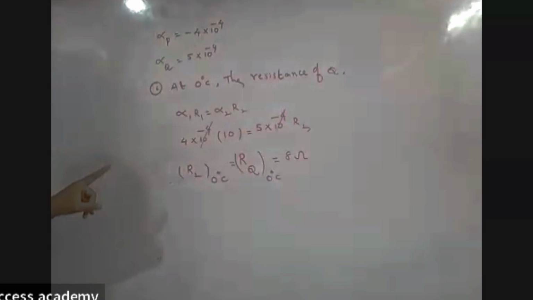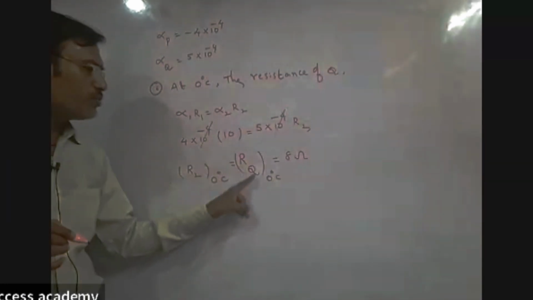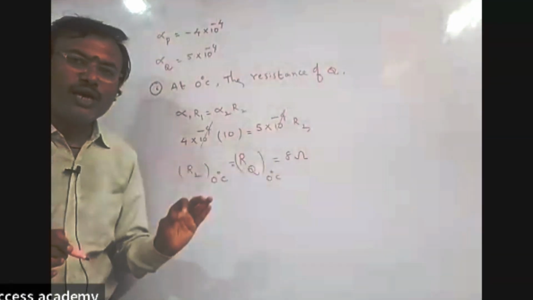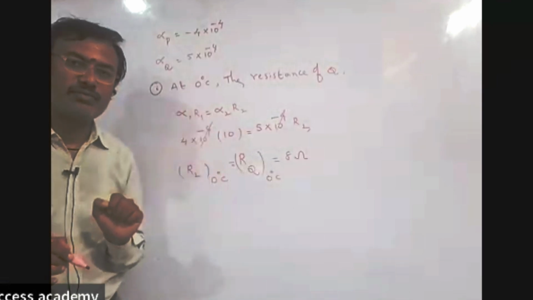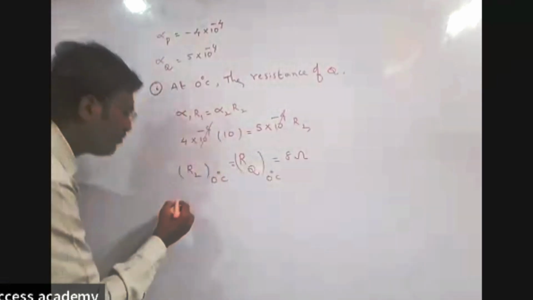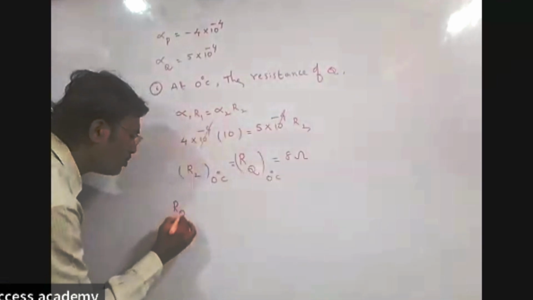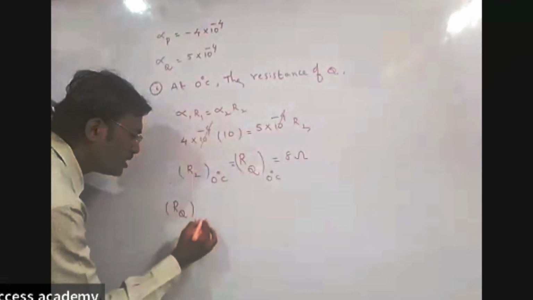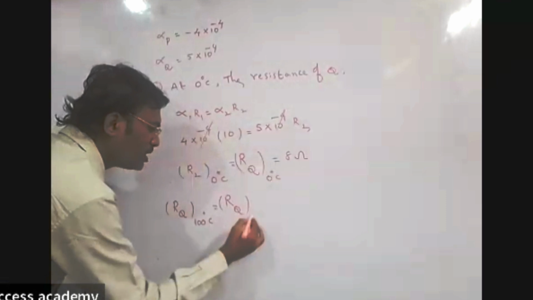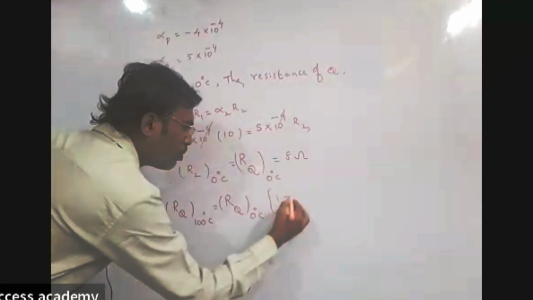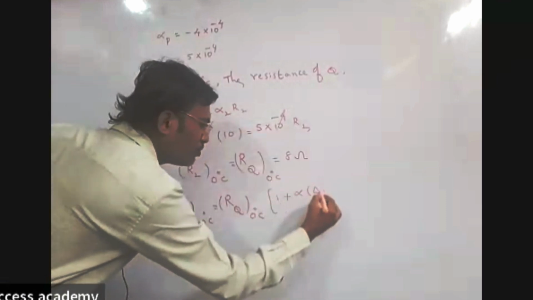At 0 degrees Celsius, the resistance of Q is 8 ohm. We need to calculate the resistance of Q at 100 degrees Celsius. For that, here I am taking the formula RQ at 100 degrees Celsius is equal to RQ at 0 degrees Celsius into 1 plus alpha into delta T.